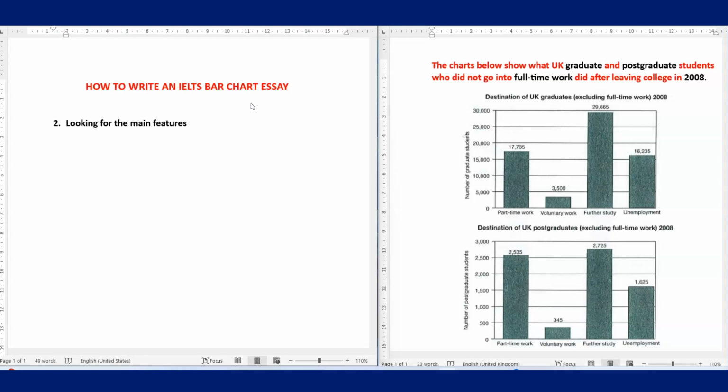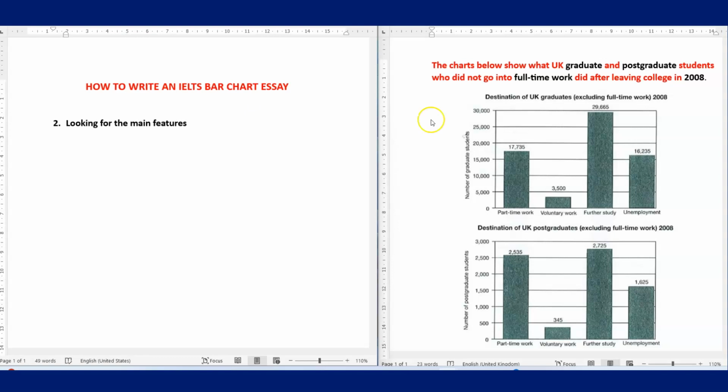So it means that you don't have to write about everything. You just have to get the main features, pick about 2 or 3 key features, and cover all the variables. So cover the 2 variables, but you can just pick about 2 or 3 features out of them, and then use them to write your work.